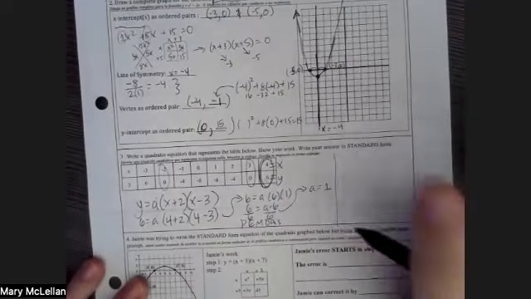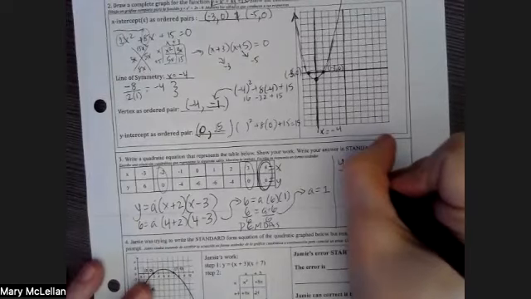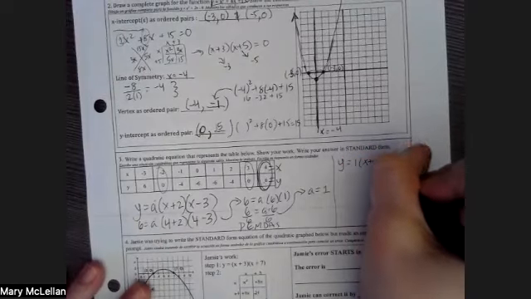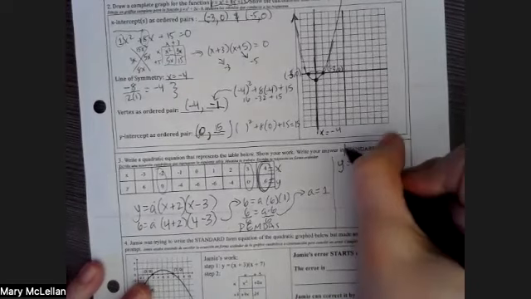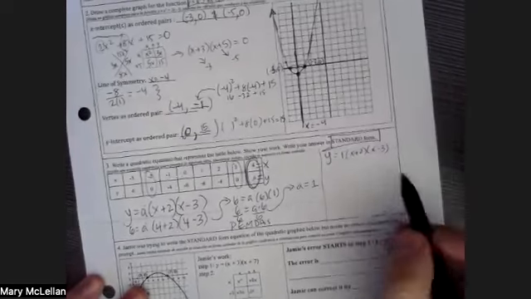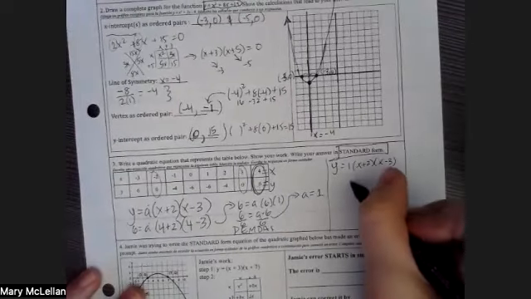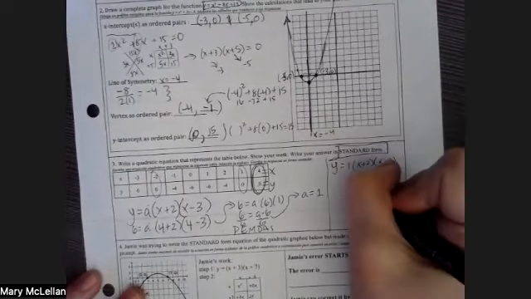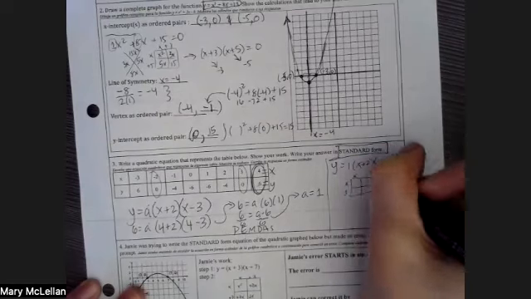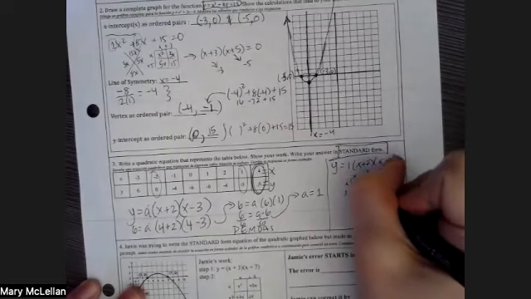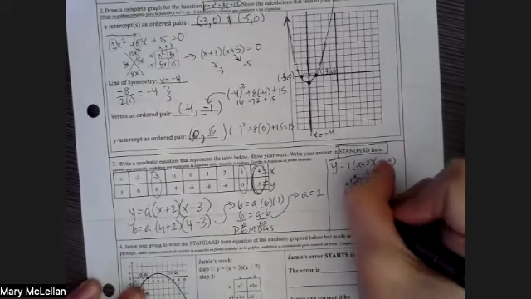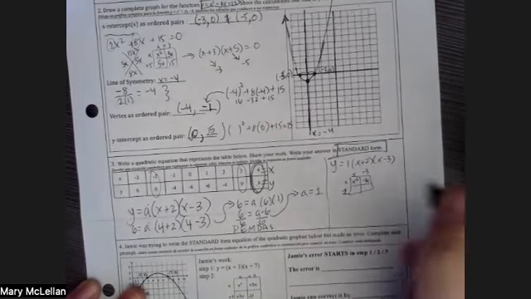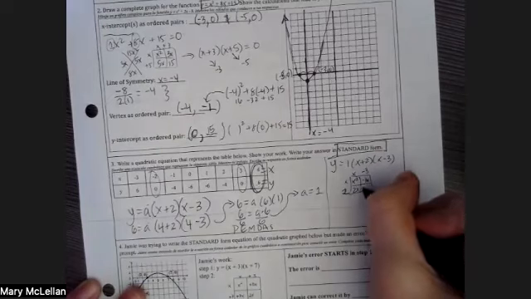I'm almost done. I have my equation y equals 1 times (x plus 2) times (x minus 3). But it says to write your final answer in standard form, so I'm going to multiply out of factored form into standard form. This should have been a 2, sorry. 2x, negative 6.